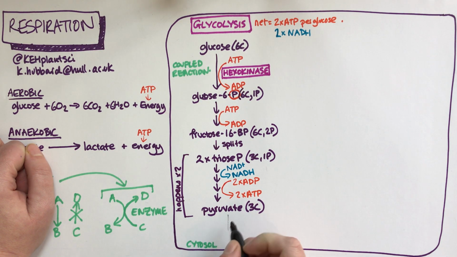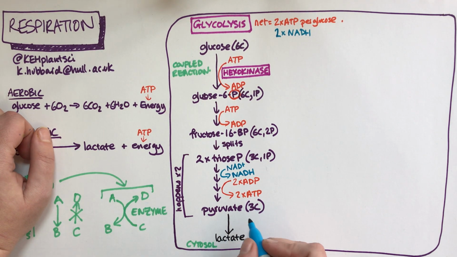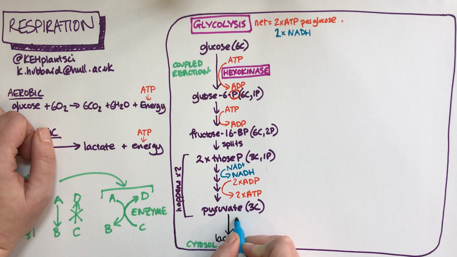So one of the things that can happen is if there's no oxygen, then what will happen to pyruvate is it can be converted to a molecule called lactate or lactic acid. And in doing so, we can squeeze a little bit more out of it because we can make some NAD+.